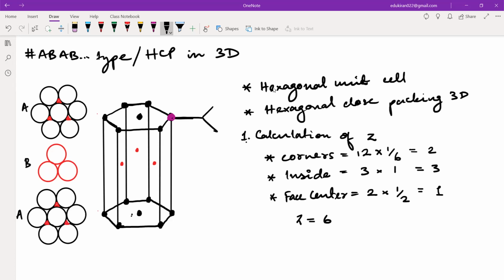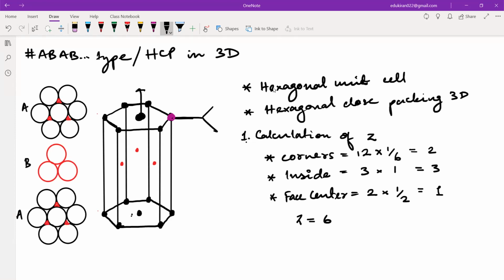Yes, tell me. The face center atoms are also in the up one and also in the down one, right? Yes. This atom is present in 2 rooms, the upper room and this room. So the contribution will be half.